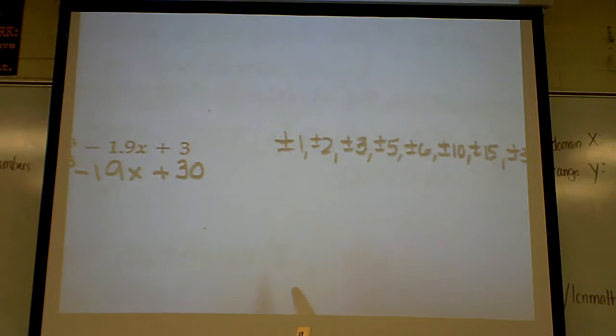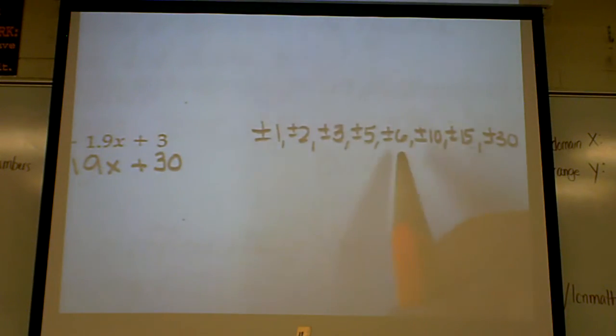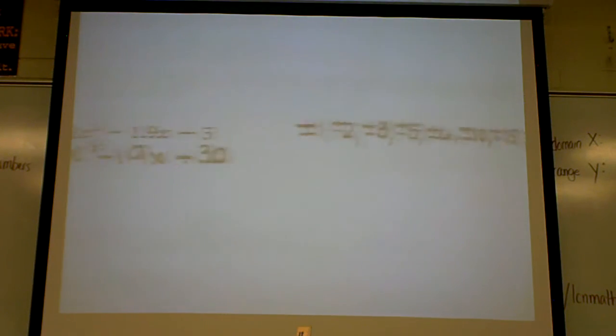Those are your possible zeros. Hopefully, if you got to 3 and it was an upper bound, you don't want to try the 6, the 10, the 15, and the 30 and cross them out.